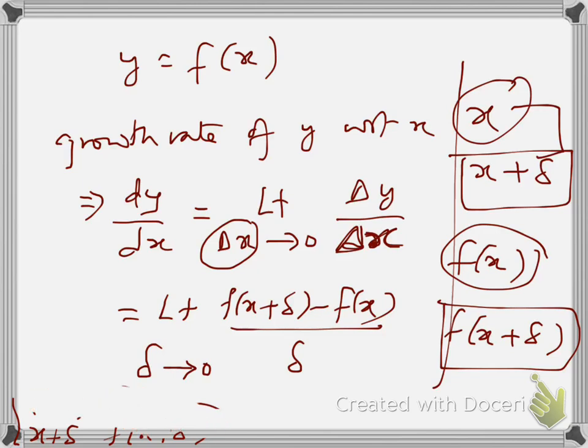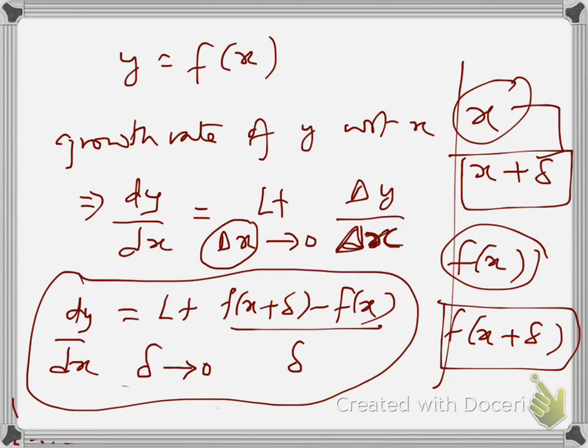So you get this. This definition, whatever you are seeing here, is what is written in all mathematics textbooks as the definition of rate of change, or differentiation, or derivative. This is how it is written in mathematics. Okay, so once again, let me revise it.